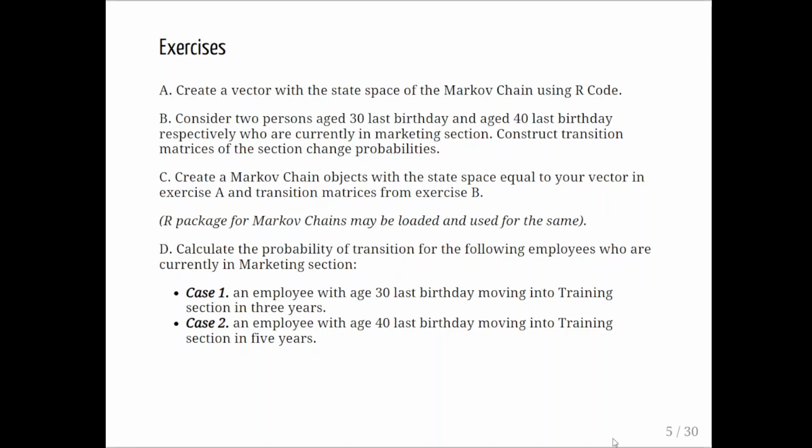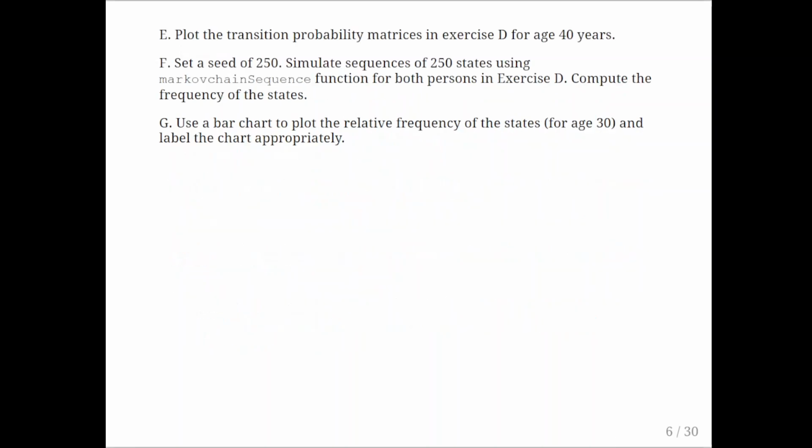Exercise D, calculate the probability of transition for the following employees who are currently working in the marketing section. Case 1, an employee with age 30 last birthday moving into training section in 3 years' time. Case 2, an employee with age 40 last birthday moving into training section in 5 years' time. And moving on to the next 3.